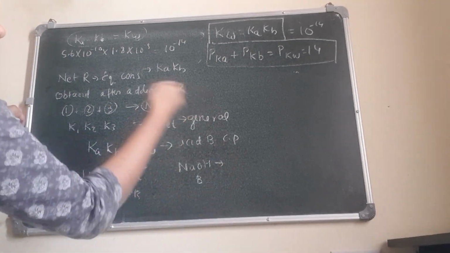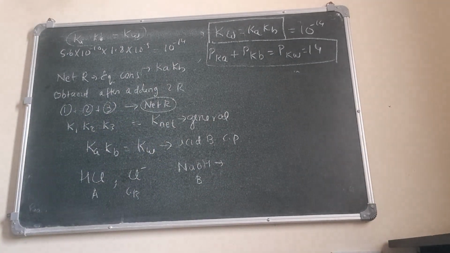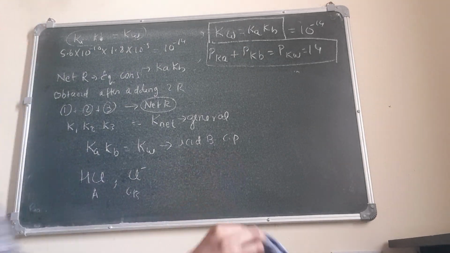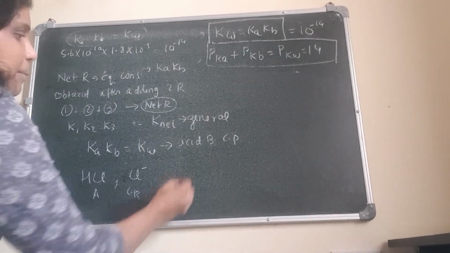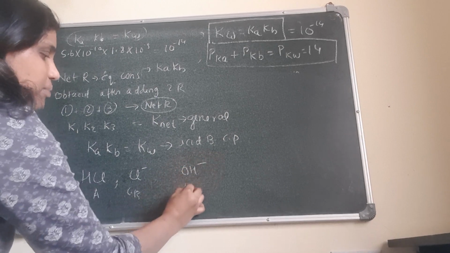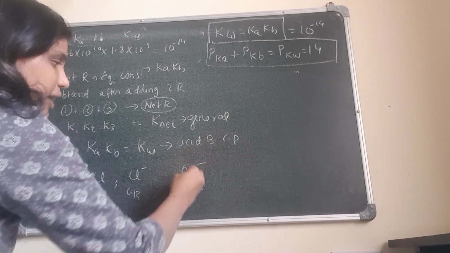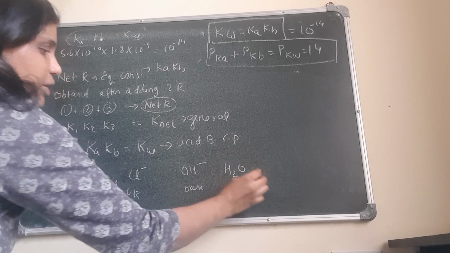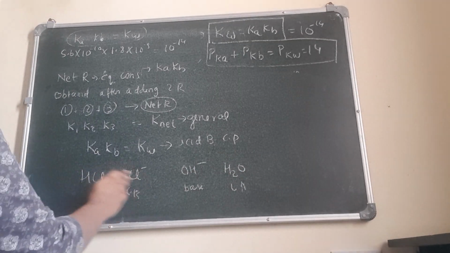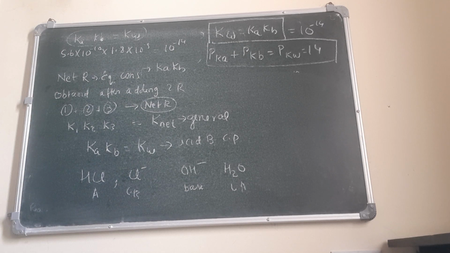Base accepts a proton, though this is not relevant for Arrhenius, this is a Bronsted-Lowry concept, so maybe for ammonia, I think we already discussed. Maybe for OH negative. If this is my base, it accepts a proton and gets converted into water. This is my conjugate acid. So if I have a conjugate acid-base pair, then it becomes valid.